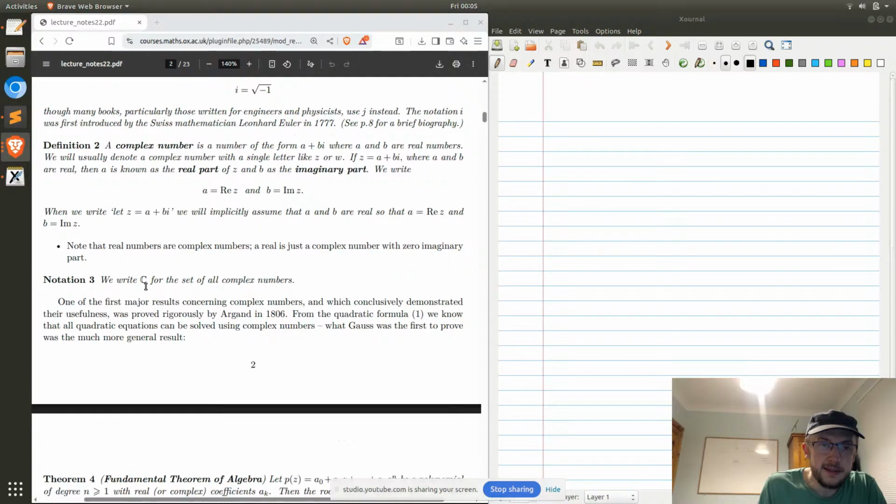We write C for the set of all complex numbers. This is blackboard bold.